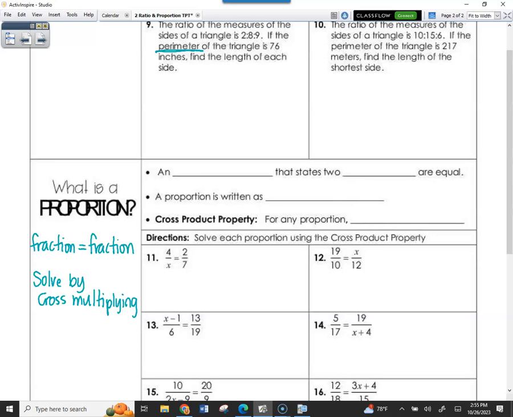The formal definition of a proportion is that it's an equation that states two ratios are equal. Hence, the fraction equals a fraction. So, like A is to B as C is to D. Probably remember this.